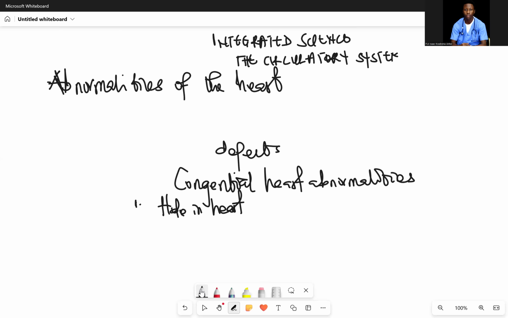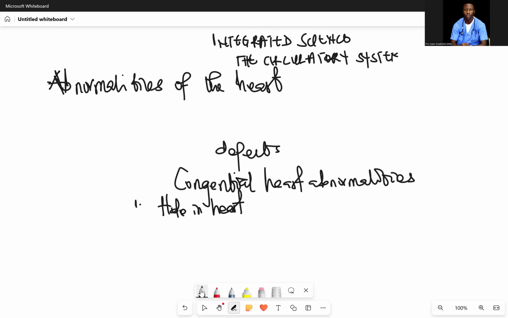You see the left ventricle, right ventricle. There can be a hole in between the two. When there is a hole, what do you think will be the effect?